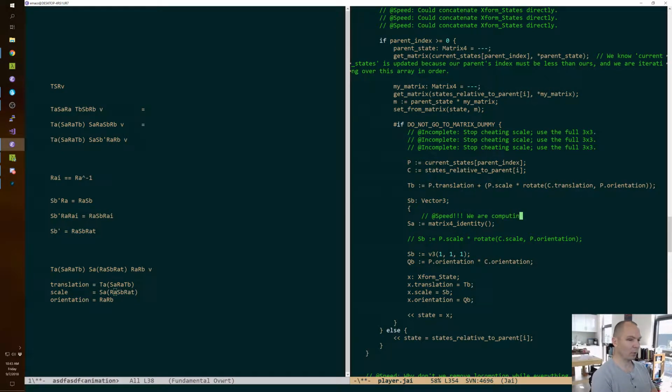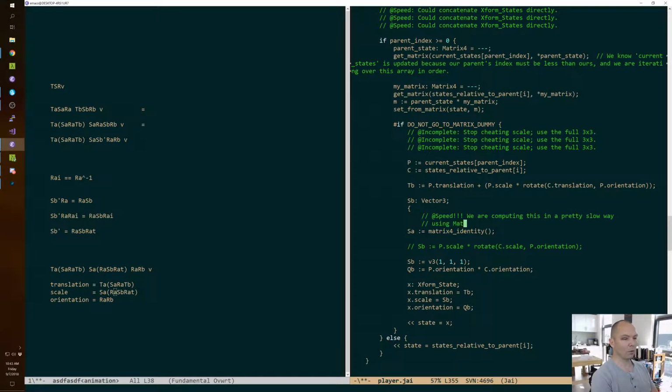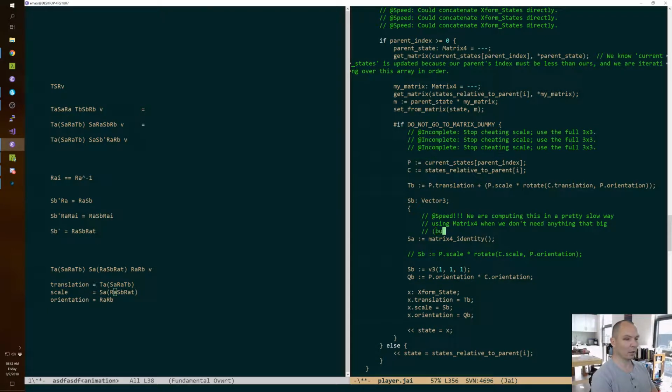We are computing this in a pretty slow way, using matrix 4 when we don't need anything that big, but I didn't put matrix 3 into math.